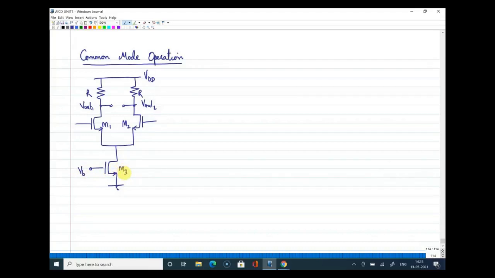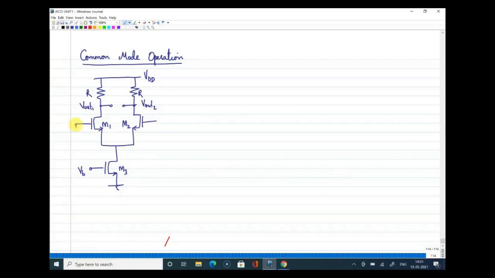All right. Now let us understand what is common mode operation. Common mode operation is when you are applying a signal which is common to both the gates of the input transistors, how the transistor will respond and what will be the output voltage.